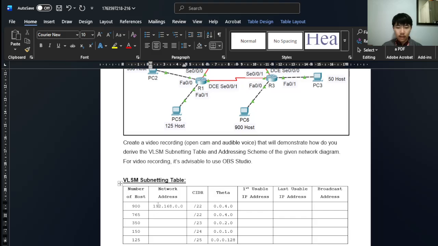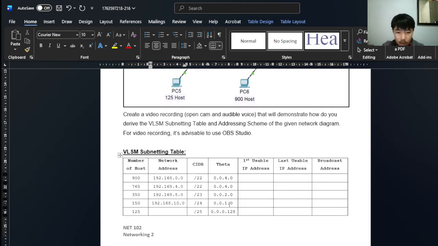The next one is 192.168.4.0. Increasing again by 4, the next is 192.168.8.0. Then 192.168.10.0, and the next network address is 192.168.11.0.